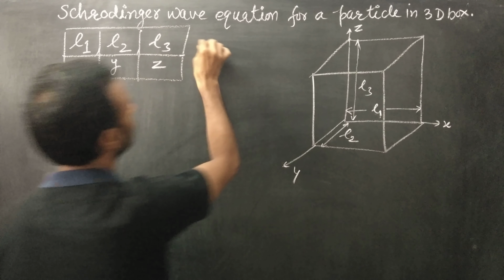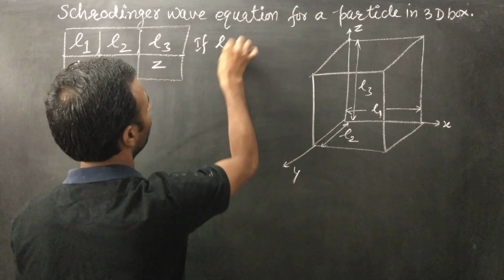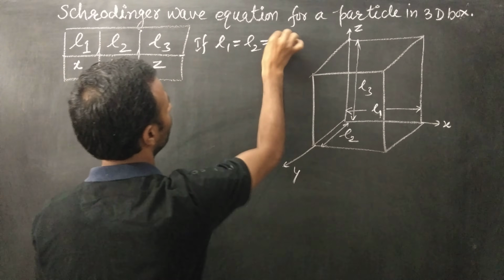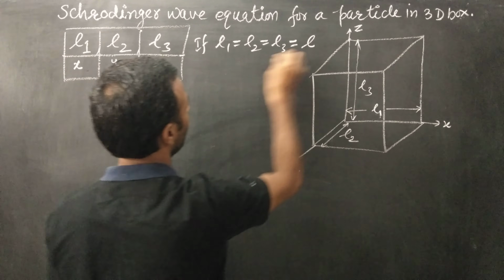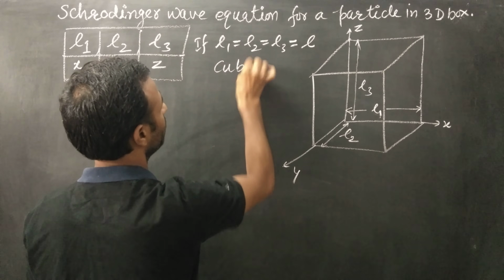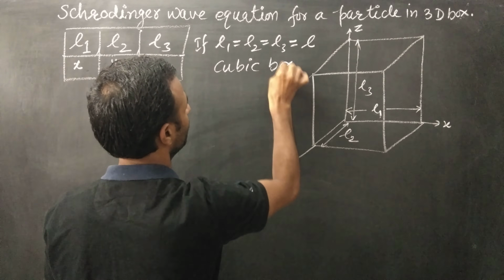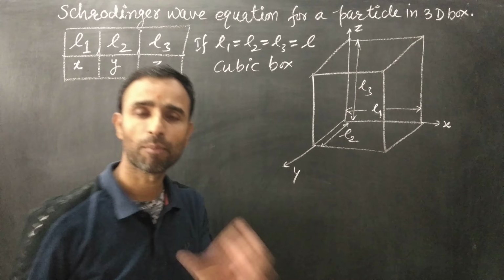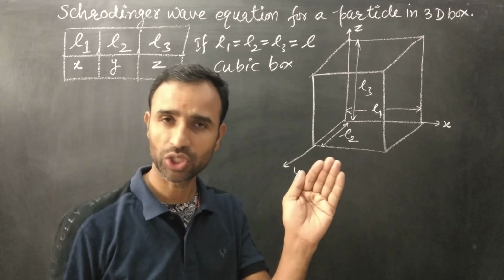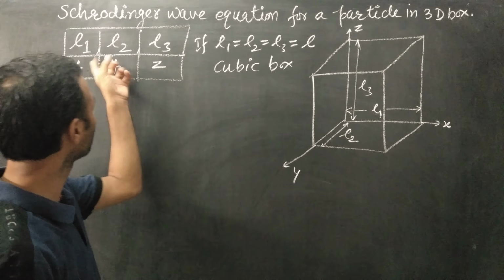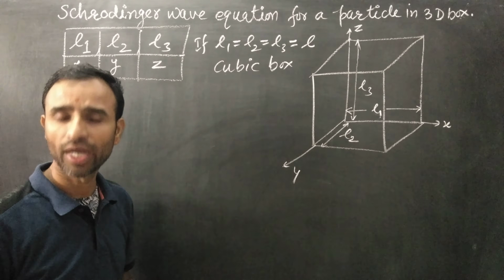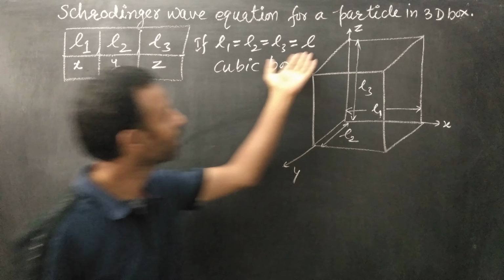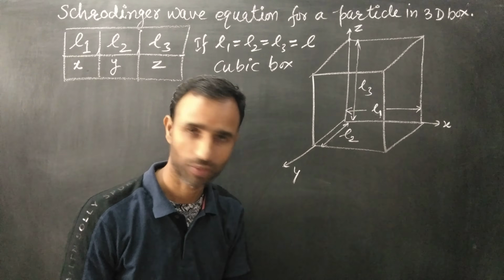And you know, if L1 is equal to L2 is equal to L3 is equal to L, that is a cubic box. So first we derive for a particle in any 3D box having lengths L1, L2, L3 and then derive for a cubic box. Right?